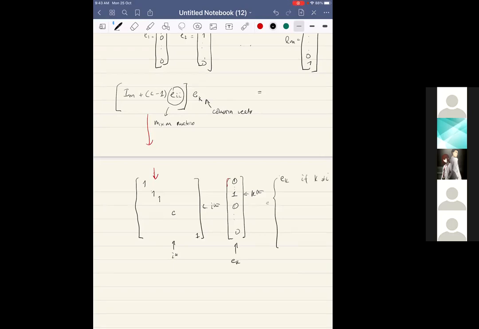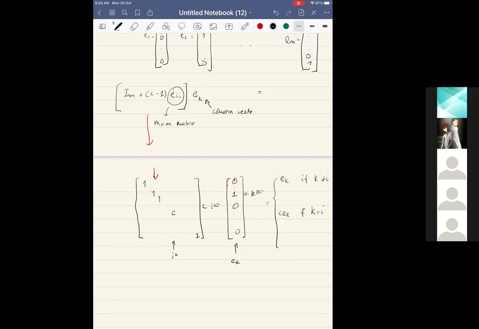But if k is equal to i, then the 1 will be in exactly the same spot, so I will get C times E_k.